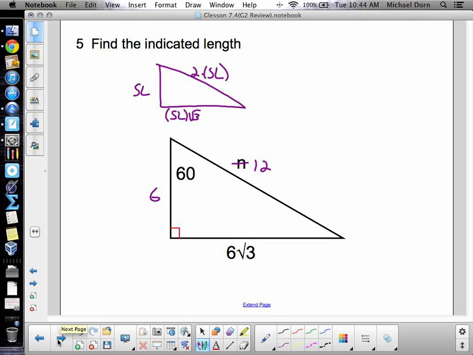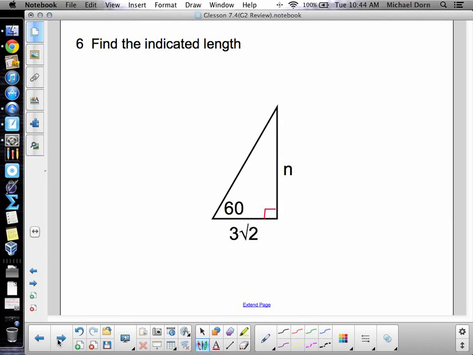Okay? Easy one. A little more difficult one. The short leg is 3 root 2. Well, if I know a short leg, the hypotenuse is really easy. I just double that. 2 times 3 root 2. And remember, the 2 and the 3 multiply, give me 6 root 2. I do not multiply 2 times the square root of 2. It's not into the radical. This side is going to be the short leg times the square root of 3.